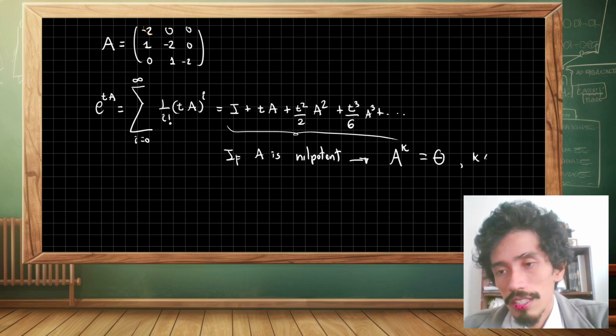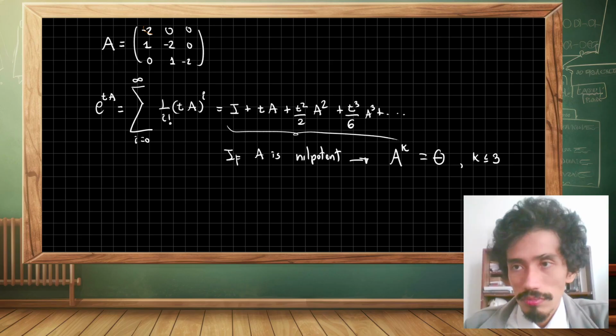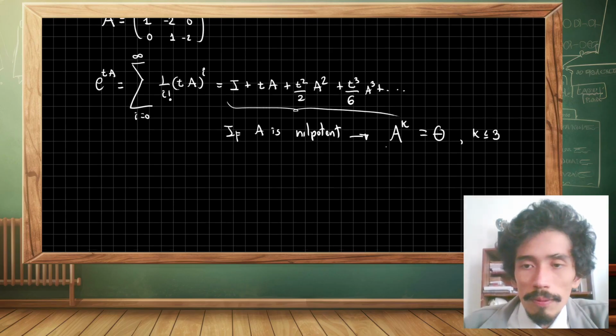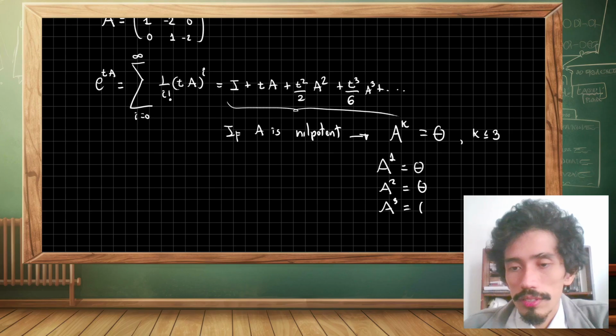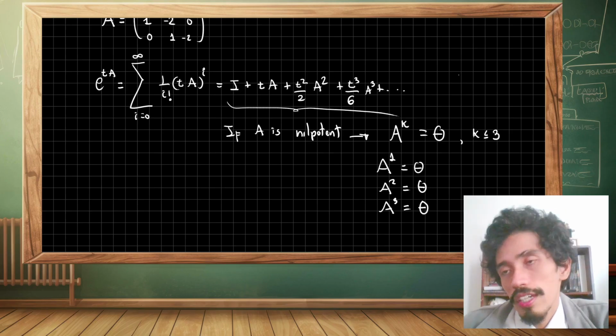Of course, k is less than or equal to n, the dimension, which in this case is 3. I.e., either A is equal to 0, or A squared is equal to 0, or A cubed is equal to 0. So that would be our first attempt, perhaps.